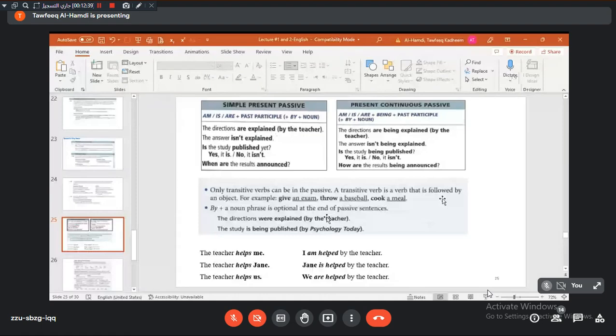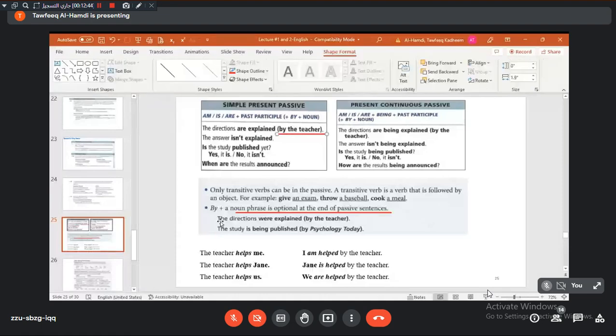You can say just the directions were explained and stop, or you can say the directions were explained by the teacher. The study is being published by Psychology Today, or you can just say the study is being published.